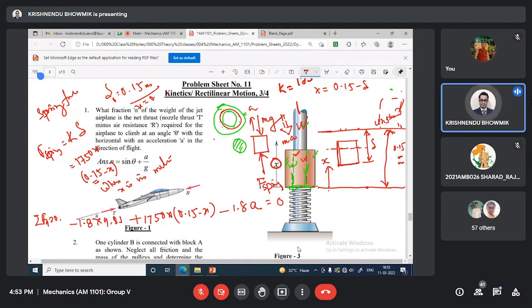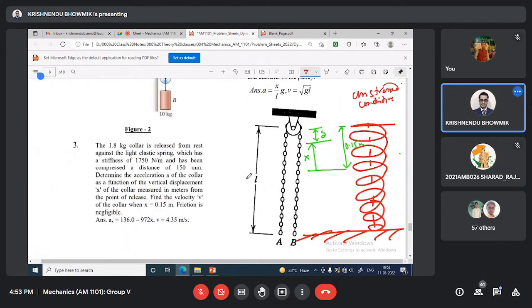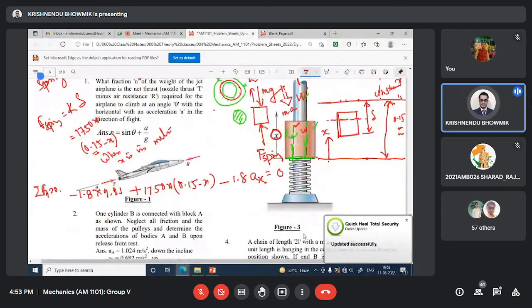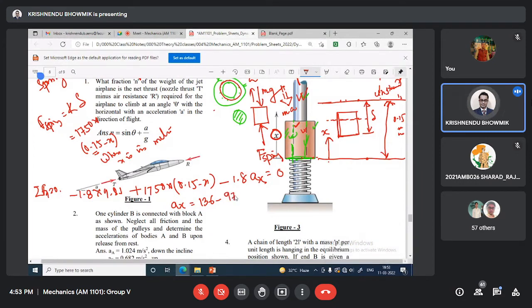It is ax basically. So you will get the expression as ax equal to 136 minus 972x. This is the expression of the acceleration ax.